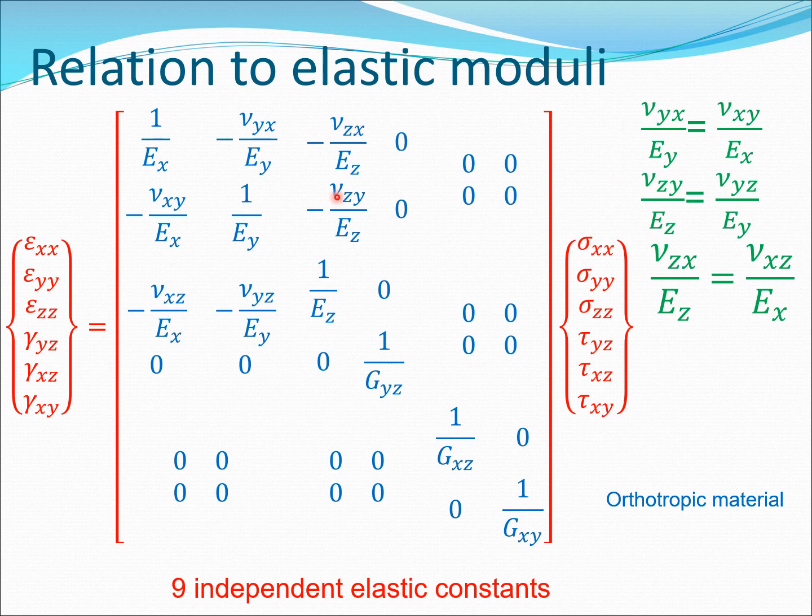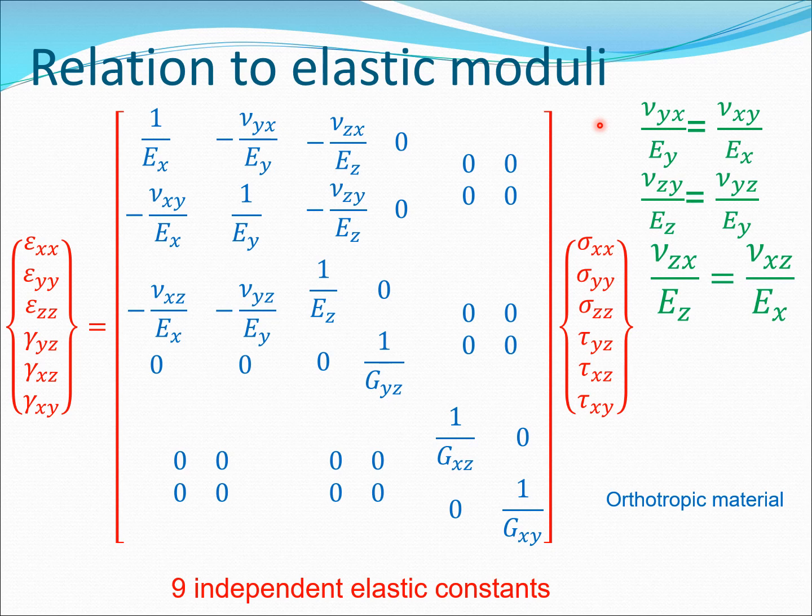These equations we can write from symmetry: nu yx by Ey is nu xy by Ex, nu zy by Ez is nu yz by Ey, and nu zx by Ez is nu xz by Ex. So if you have one of the Poisson ratios, you can easily calculate the next one.